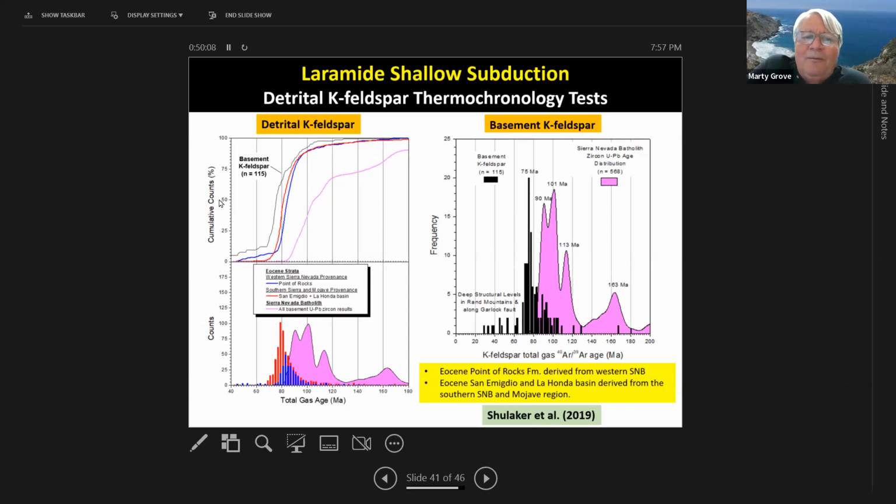This is a cumulative plot in which we basically integrate this histogram to get a cumulative distribution. And so the basement results here are shown in black. Shown in red are results from the San Emigdio and La Honda Basin.